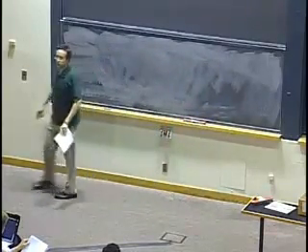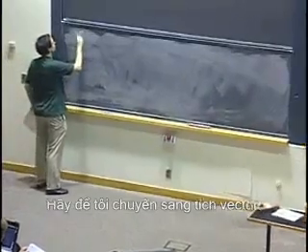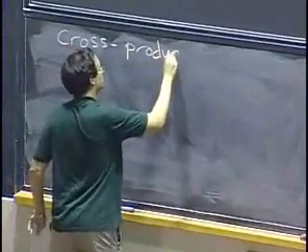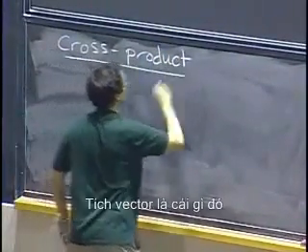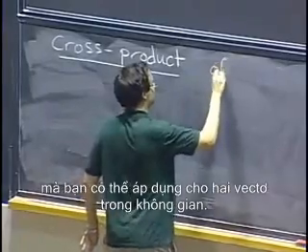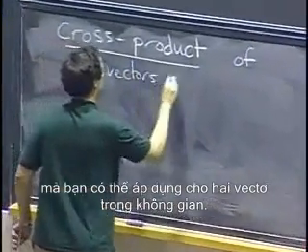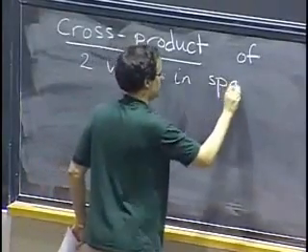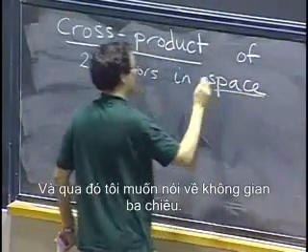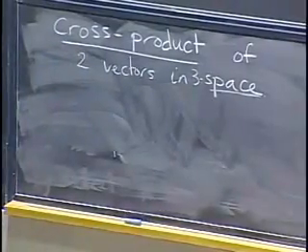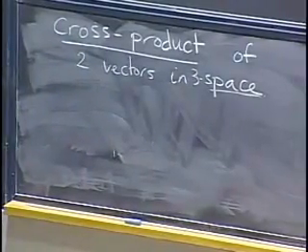Okay, so let me move on to cross product. So cross product is something that you can apply to two vectors in space. And by that I mean really in three-dimensional space, okay? This is something that's specific to three dimensions.